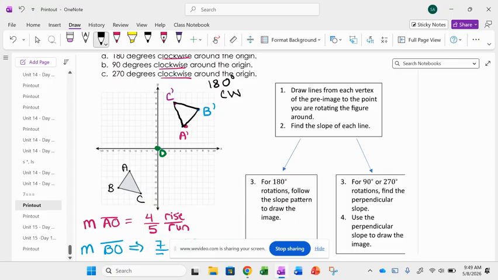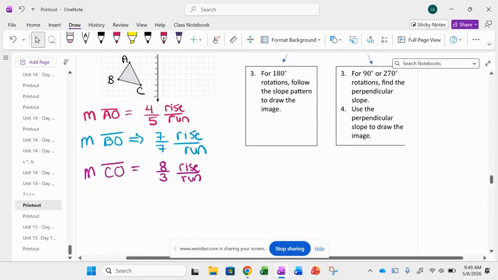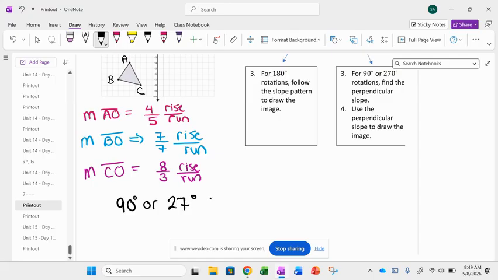Yeah. Okay, but now that was 180 degrees clockwise. In order to perform 180 degrees clockwise, you find the slope and you continue the slope. But now in order to do either a 90 degrees or a 270 degrees, you're not going to continue the slope. So for a 90 degrees or 270 degrees rotation, use the perpendicular slope.